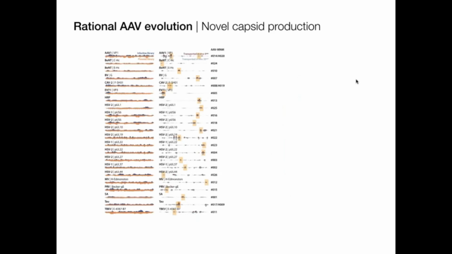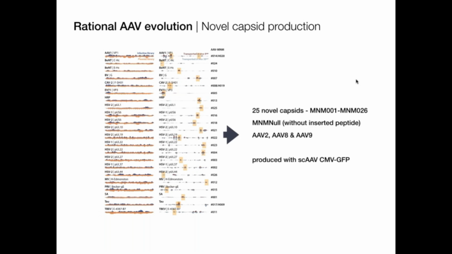So what we then did was to pick out 25 of the most interesting variants. So 2 from the in vitro screen and the rest from the in vivo screen. And these ones we then produced one by one, so single productions, to start validating them.